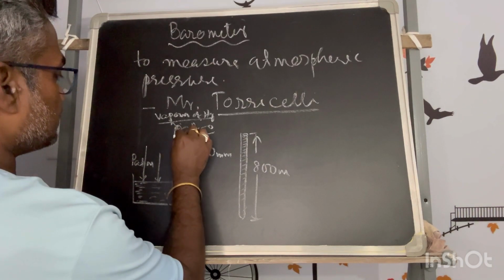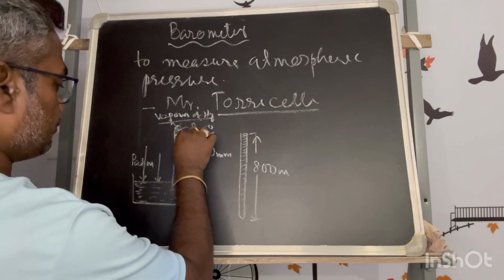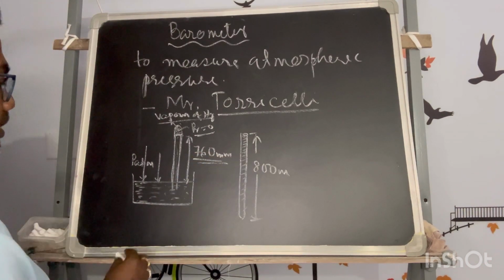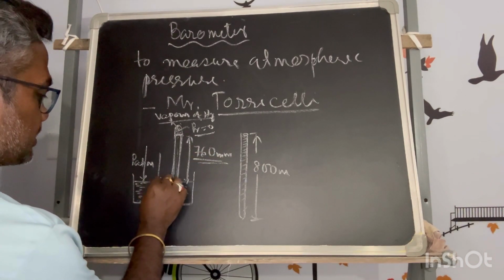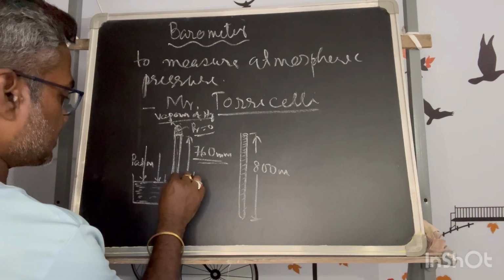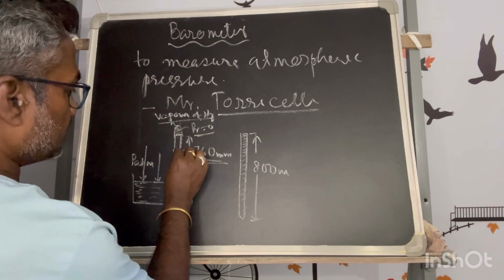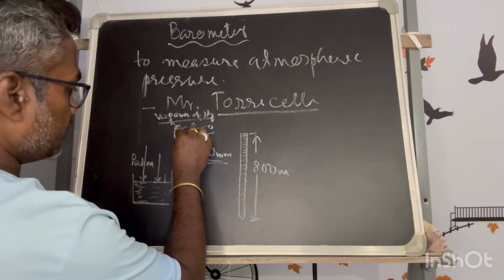Whatever pressure is there due to the mercury column of 760 mm, and the pressure exerted by the atmosphere on the mercury surface, have to be equal, otherwise the liquid would lift up or come down.